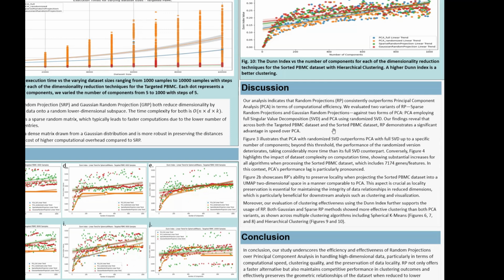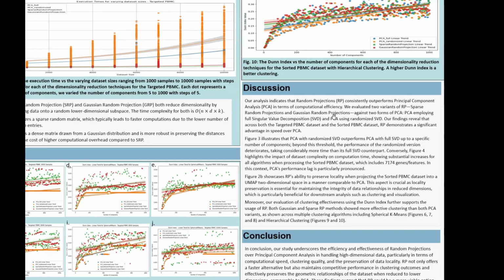And we also showed that random projection has the ability to preserve locality when we're projecting these dimensions into 2 dimensions using UMAP. So we're able to get this nice visualization of the clusters separated, and we're able to identify the clusters.